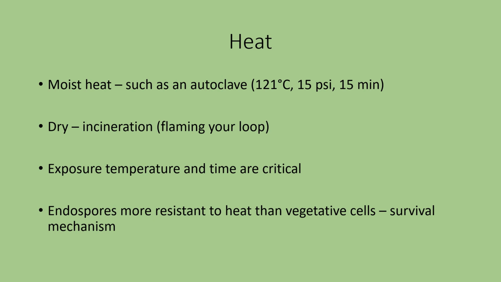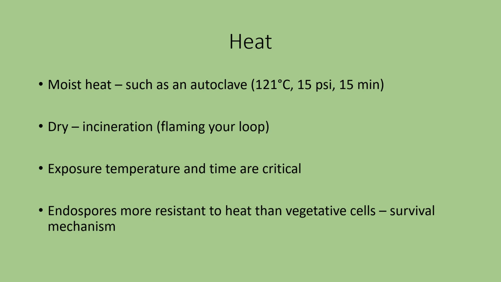That way, in case there were endospores that survived the first time round, having killed the vegetative cells, then 24 hours later, when we ran the samples through the autoclave a second time, it would kill those endospores, which in between would have germinated into new vegetative cells. So the second time around, they got killed. And then sometimes we would autoclave it a third time, just for good measure.